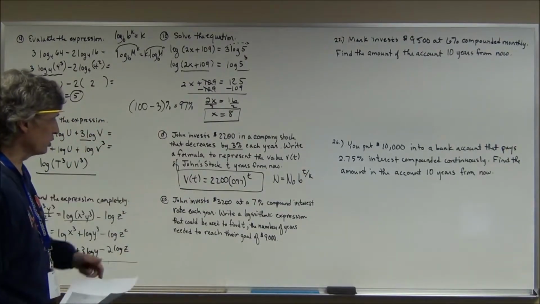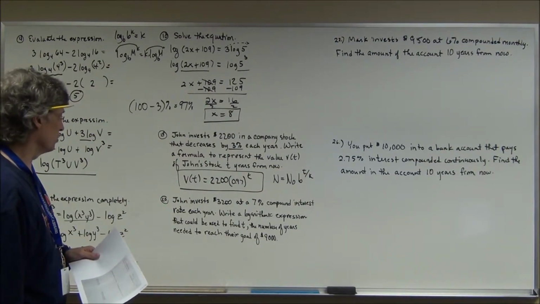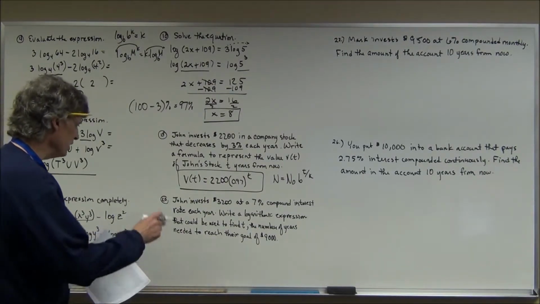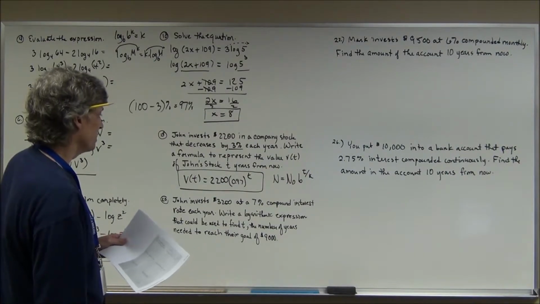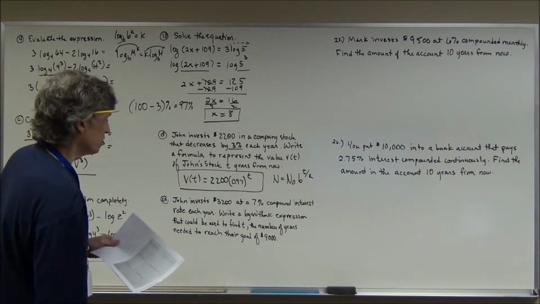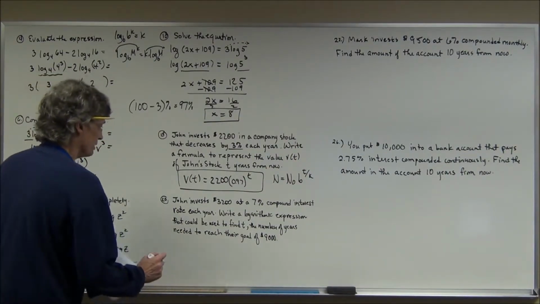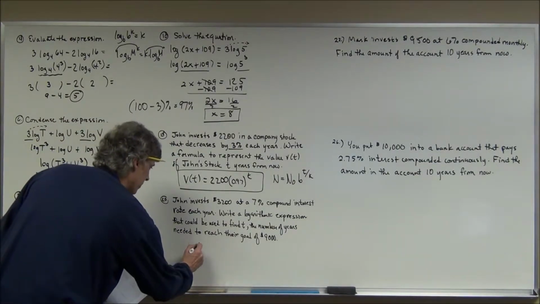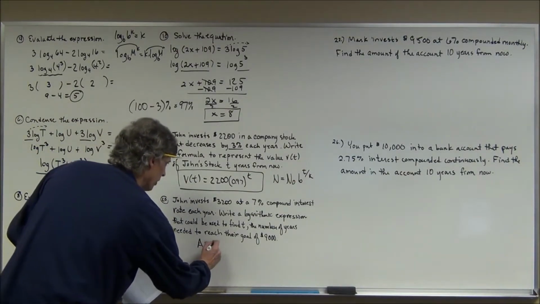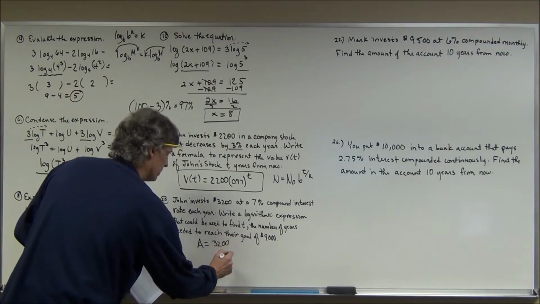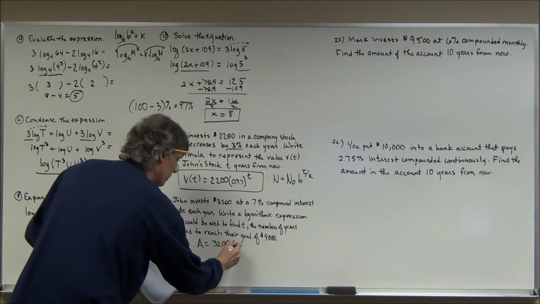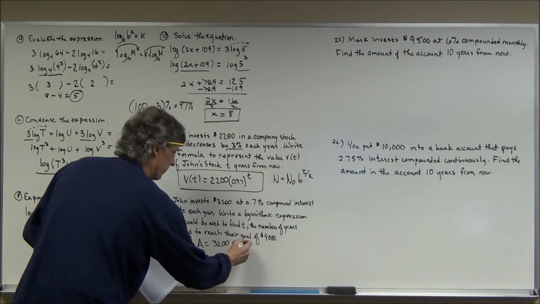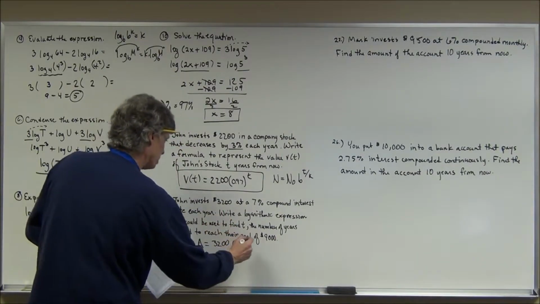All right, John invests $3,200 at 7% interest, compounded yearly. Write a logarithmic expression that can be used to find t, the number of years needed to reach their goal of $9,000. So the amount is equal to the $3,200 investment, 7% gain, so 100% plus 7 would be 1.07, 107%, and that's for each year.